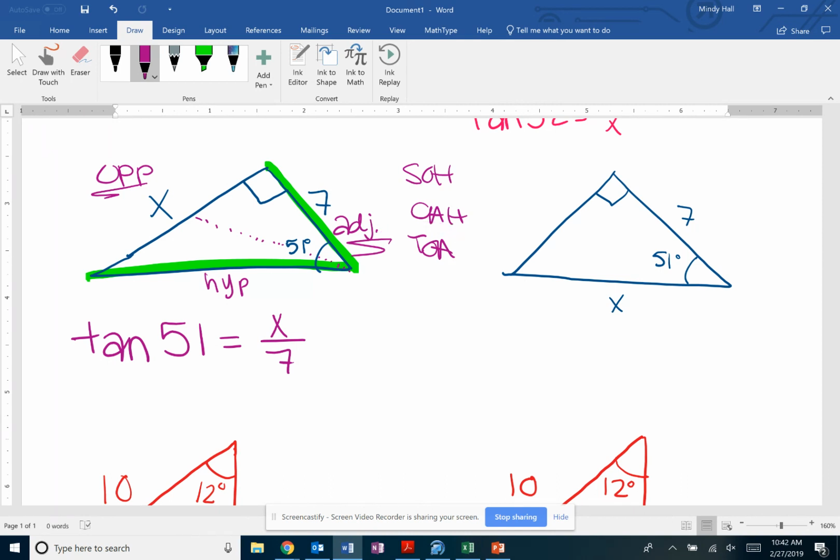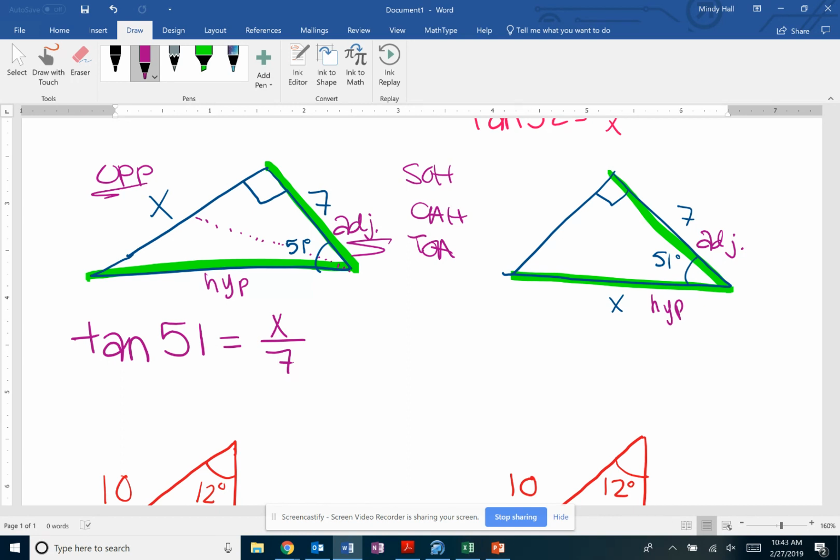For this one, notice that I switched where the x was. Now 7 is our adjacent side, and x is our hypotenuse. You want to be careful because it is really easy to mix up adjacent and hypotenuse if you're not careful of where your hypotenuse is.